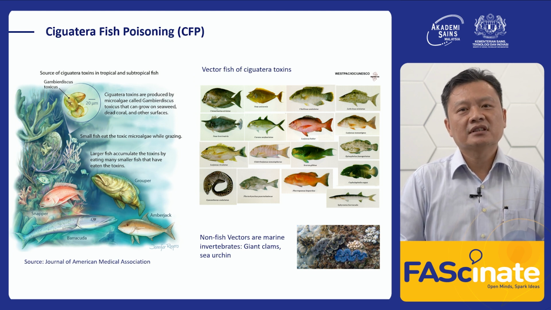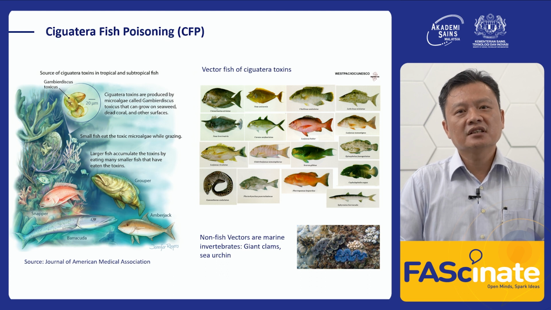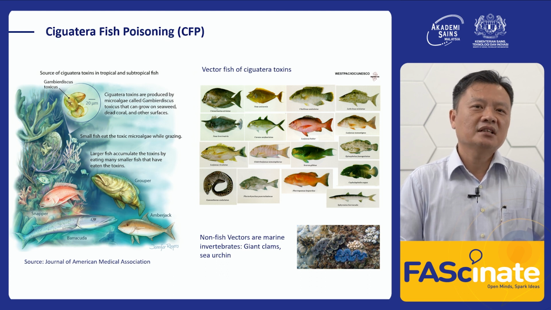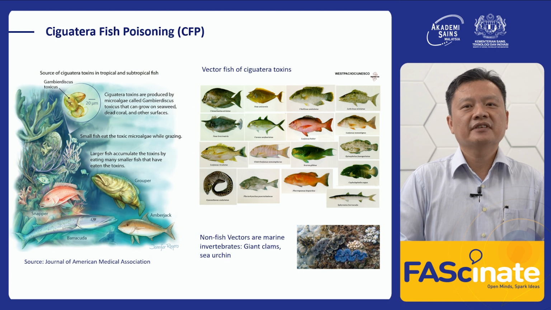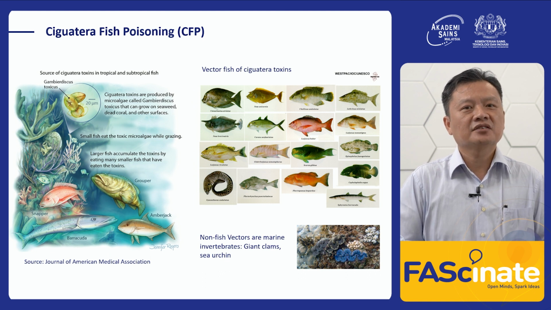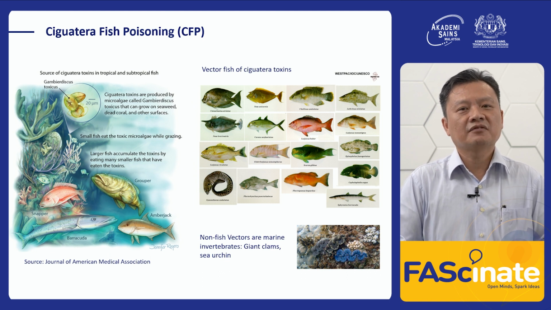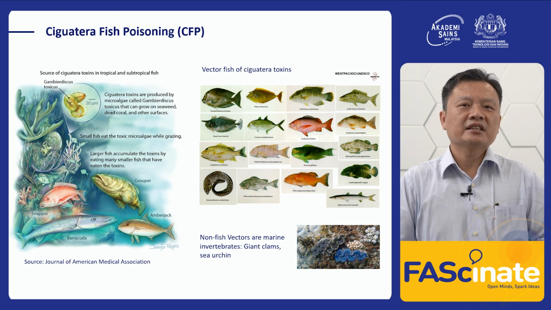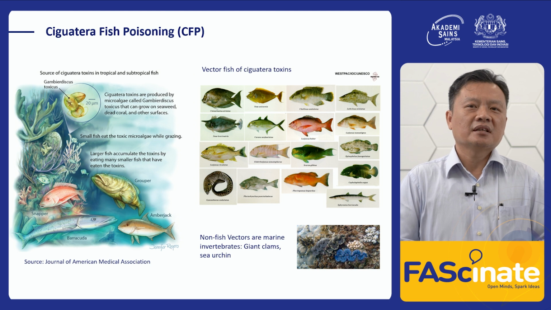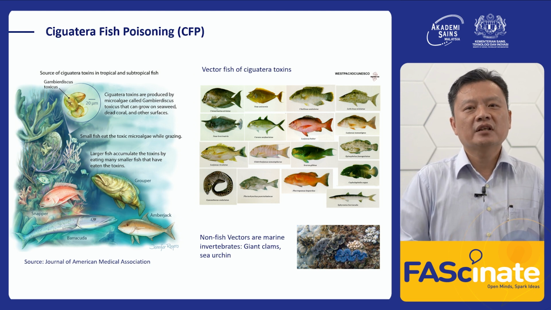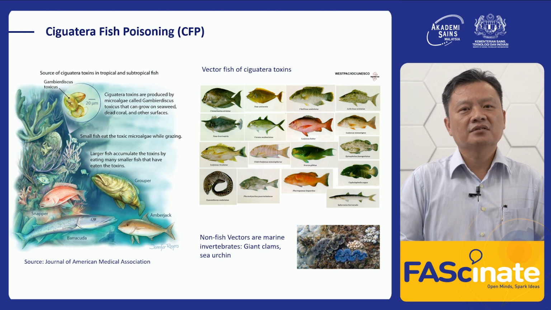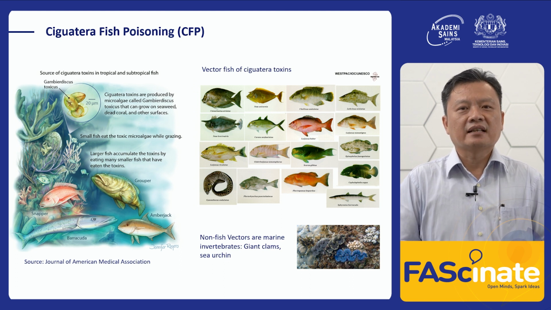This type of poisoning occurs when the toxic algae from the genus Gambierdiscus become high in abundance in the reef ecosystem and attach to seaweed and other forms of substrate in the coral reef ecosystem. When they are grazed by small herbivorous fishes, and then get into the carnivorous fishes, the toxins bioaccumulate and biomagnify into the higher trophic levels of the food chain.